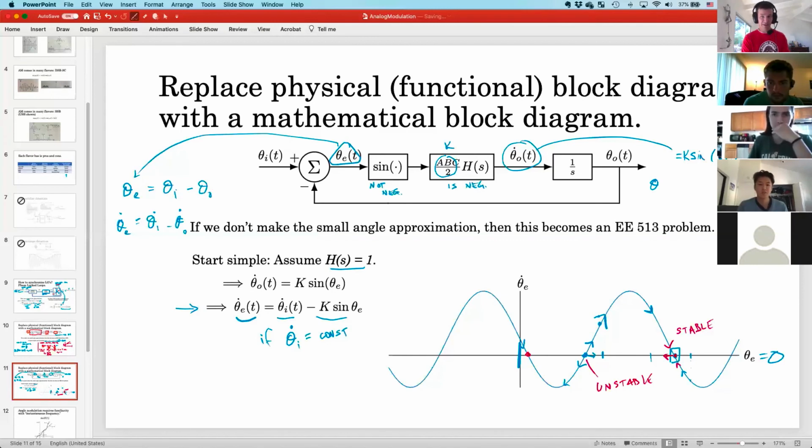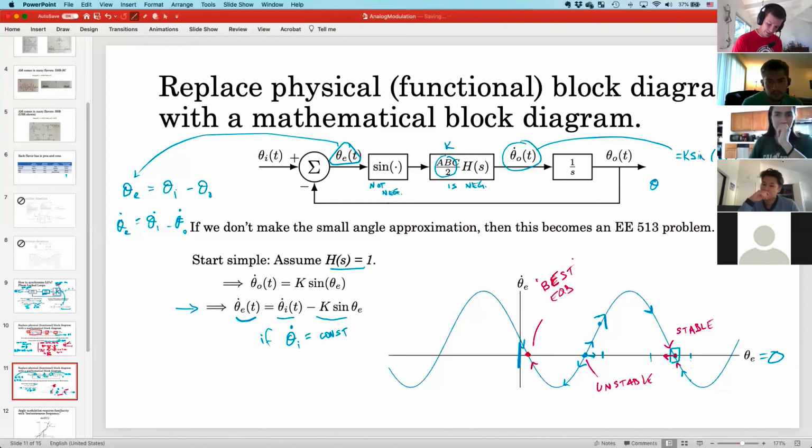Now you tell me, is it stable or unstable? Stable. Yeah. So we get pushed, from either direction, we get pushed towards it. So this is the best equilibrium.